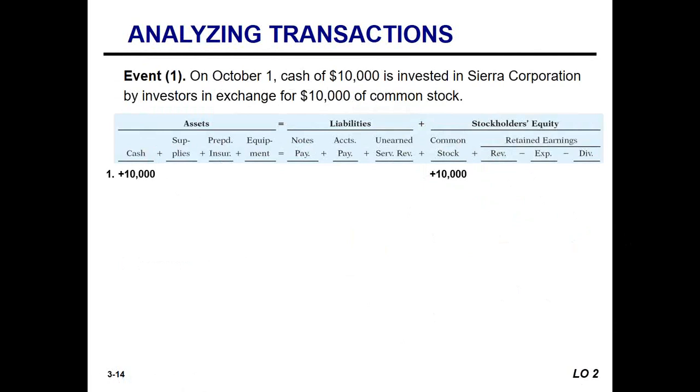How does that work? Shouldn't one be a minus? No, because you want to look at your accounting equation, we have 10,000 of assets and we have 10,000 on this side, liability and stockholders' equity. So it balances. That's what we're always looking for. Does it balance?